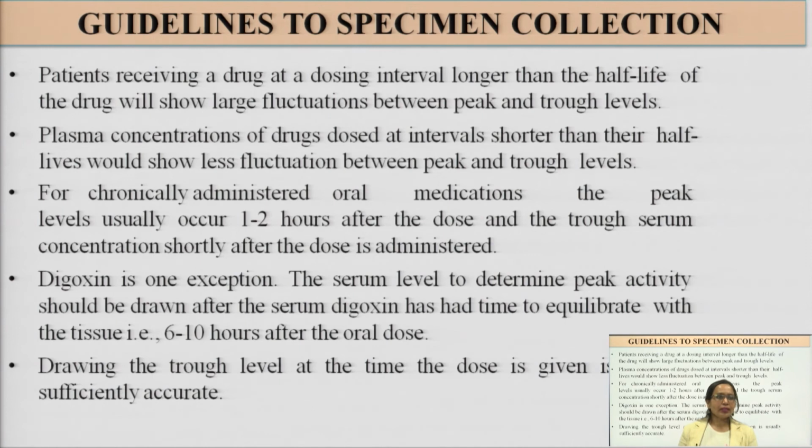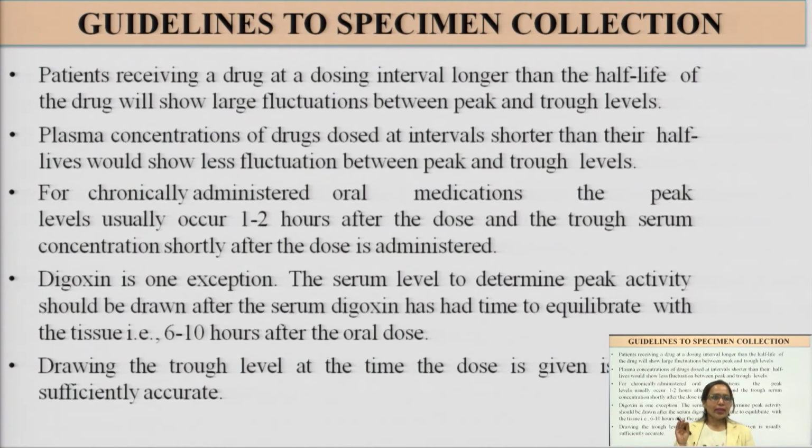For chronically administered oral medications, the peak levels usually occur 1 to 2 hours after the dose, and trough serum concentrations shortly before the next dose is administered.